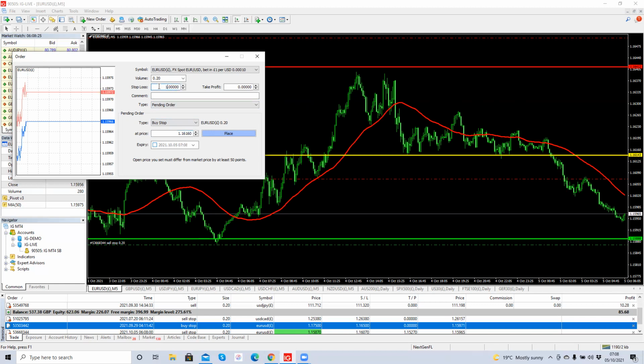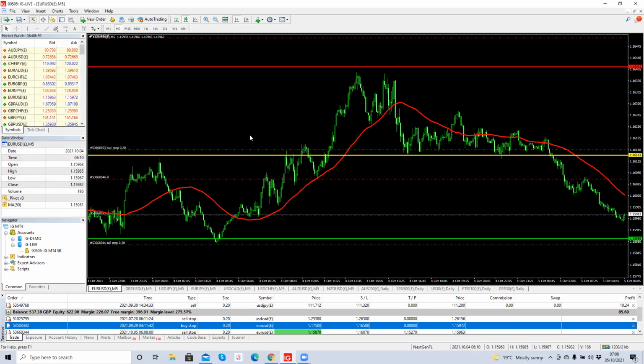That'll be 1.1596. And with 20 pips stop loss, 60 pips profit limit would be 1.1676. There we go. So my pending orders are in place for the euro US dollar, and again I'm only going to have one live attempt.